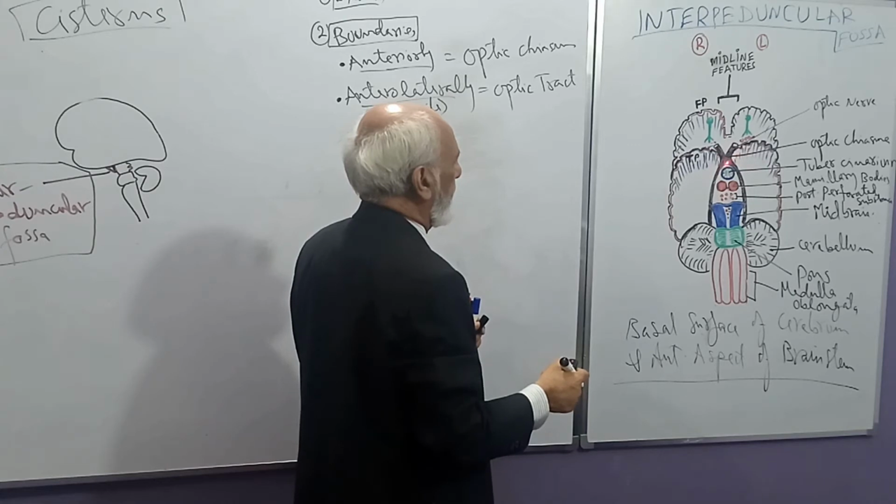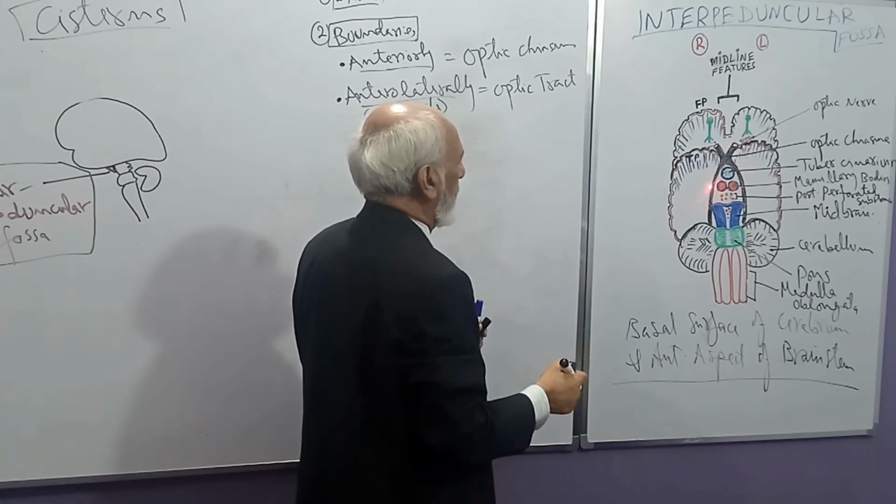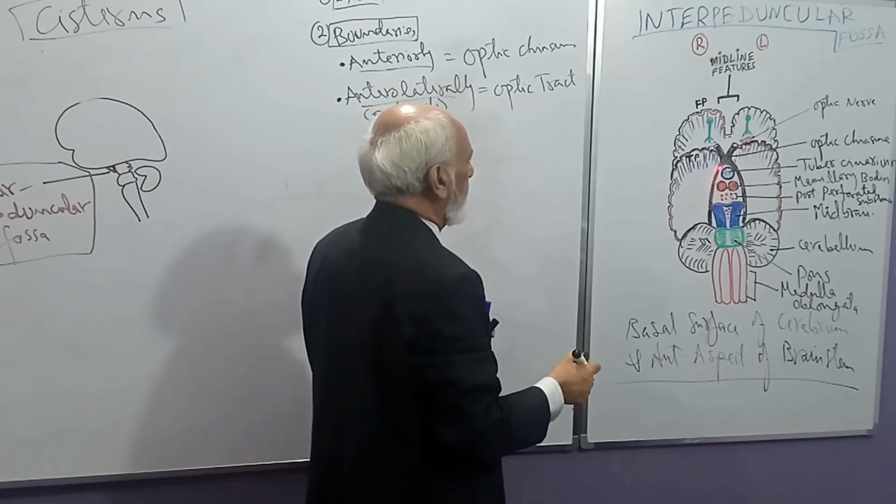Anteriorly is the optic chiasma, anterolaterally the optic tract on this side, and you can see again the optic tract on the other side.